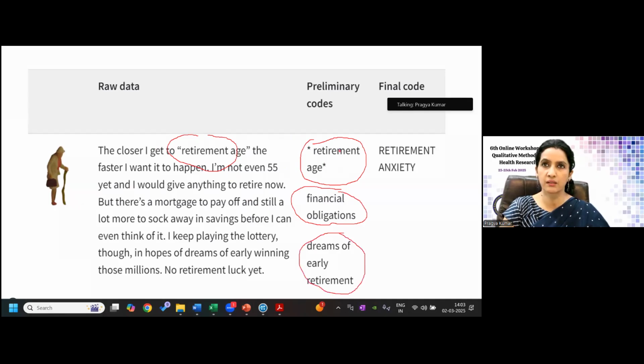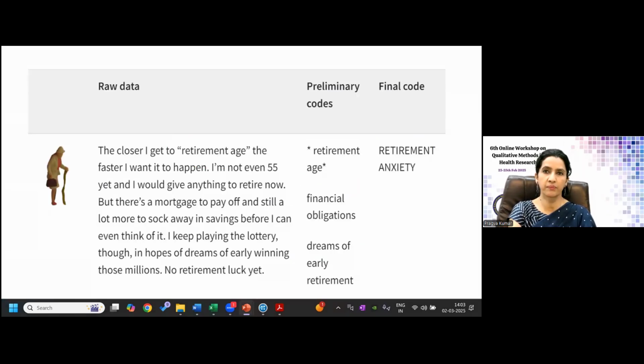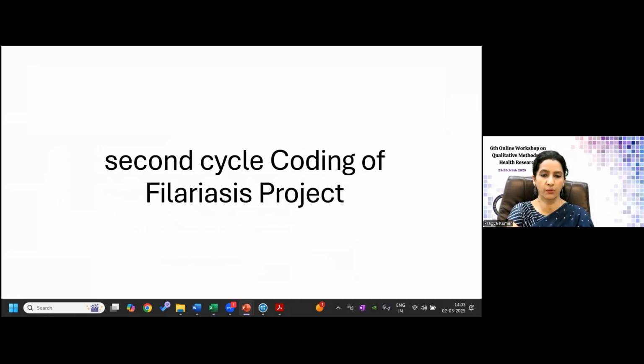So these are three splitting codes, and then he has merged all these three codes into one final code, which is retirement anxiety. So this is like refining the codes, the initial cycle. When you merge these similar codes, like retirement anxiety, with some more codes to form a category, it is again more like a focused coding method.